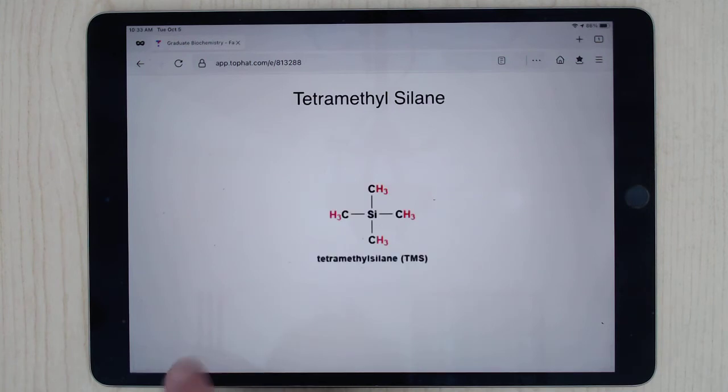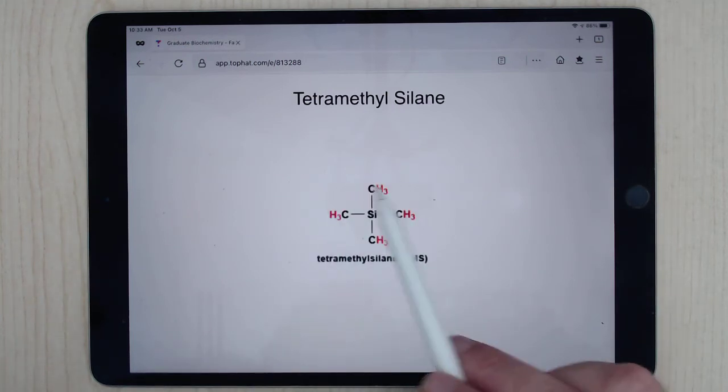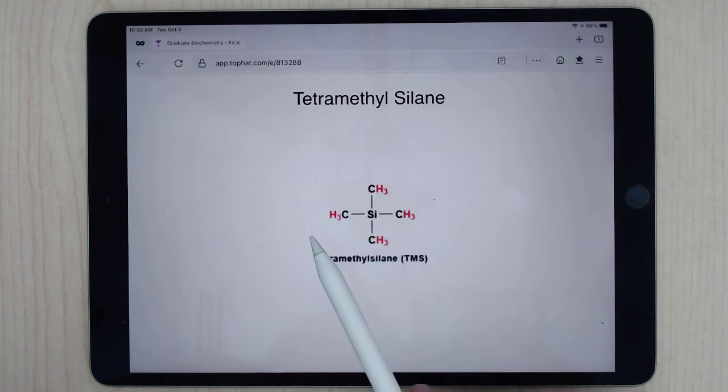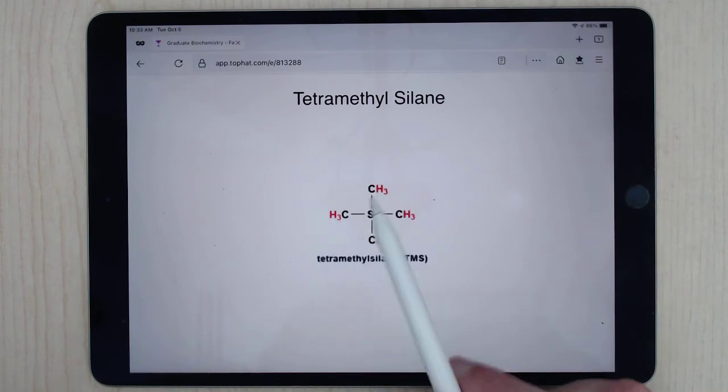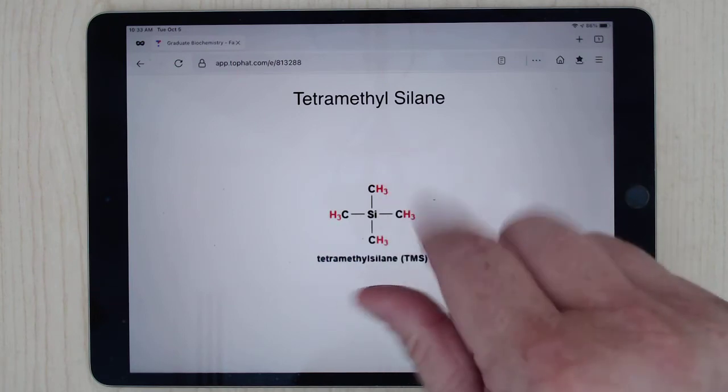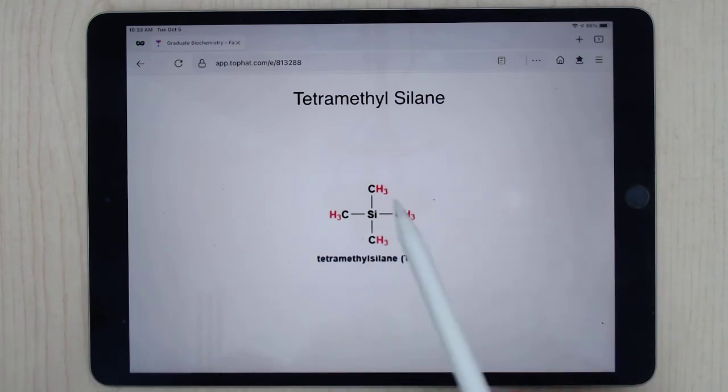Okay, so this is the reference compound. It has 12 equivalent hydrogens, right? Because I can rotate the molecule. It doesn't take much to get a good reference signal, right? We just need a little bit in there, so the NMR says, that's where 0 is.